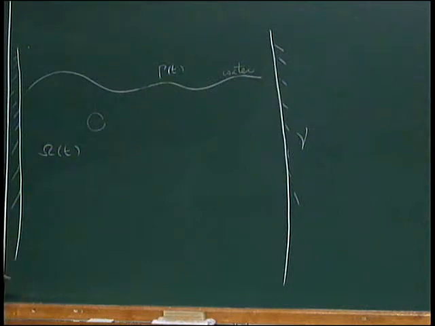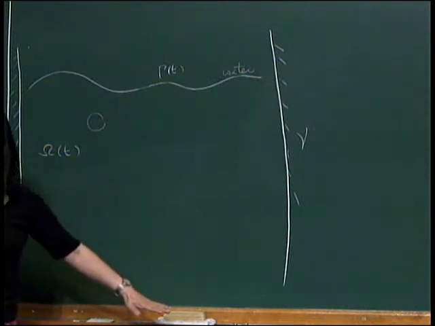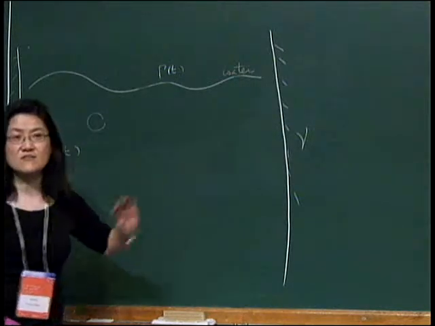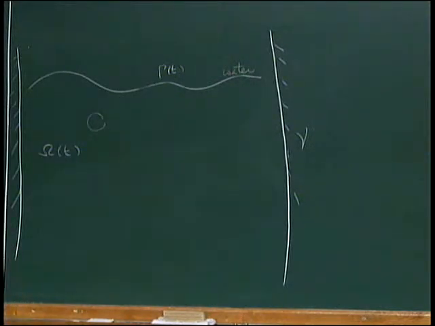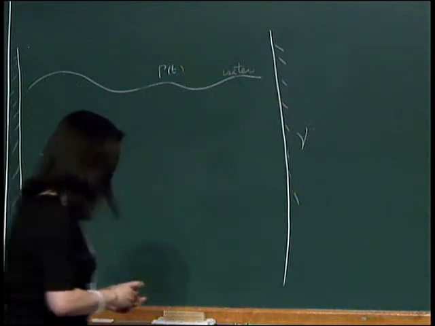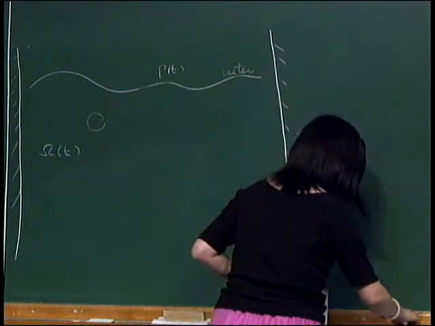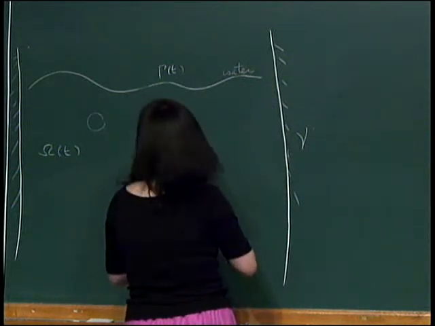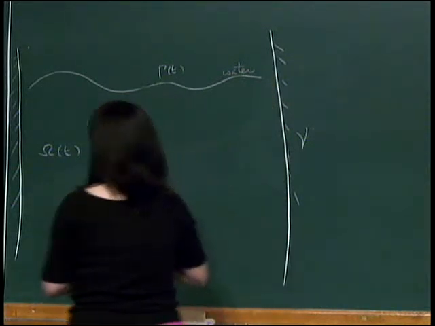And let's just forget about the bottom. You can always put the bottom there. Actually, the bottom at this distance will not interfere with the free surface. It will not add difficulty, it's only complexity, and for the moment we don't care about that. So we want to focus on how the wave interacts with the wall.